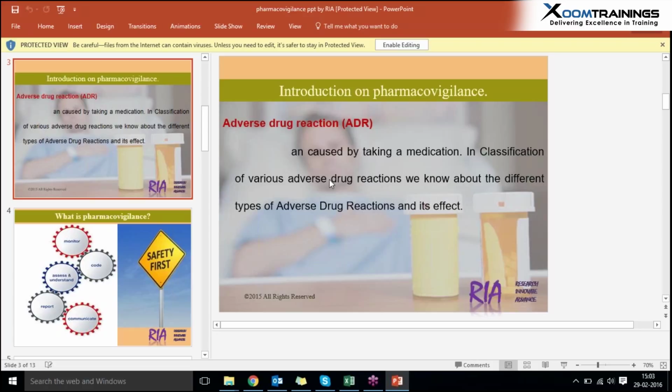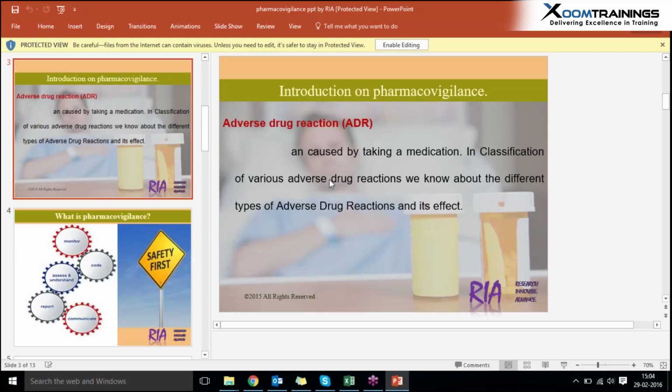Untoward medication: your drug is taken with the intention of curing fever, and along with that it is giving side effects like nausea and vomiting. That is untoward. It is not related to treating that particular condition; it is additional to that. The additional information, that means the untoward response to the pharmacological action, is called an adverse event.